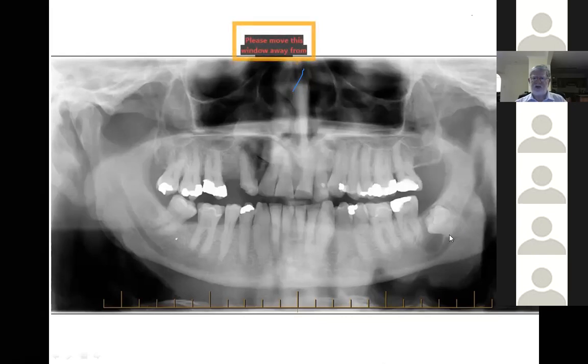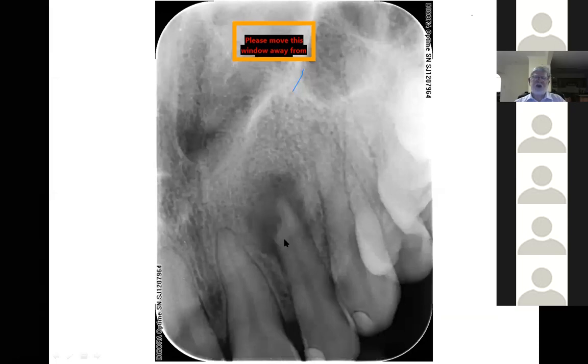This thing here is sitting right over the roof of the canal as well. Okay, so quite aggressive resorption periapically. Quite recently, we've root filled this to there. I don't have a follow-up radiograph as to how that's healing.